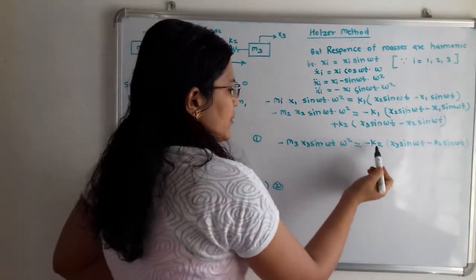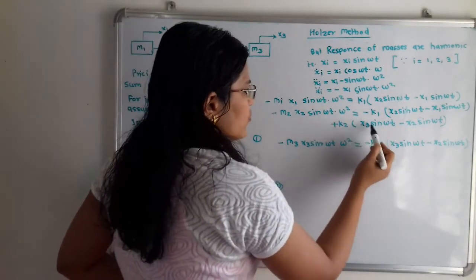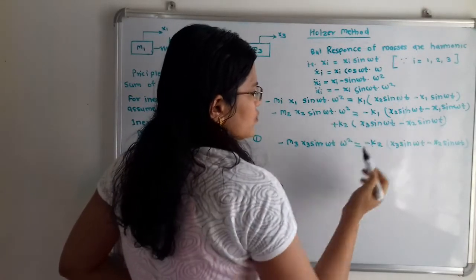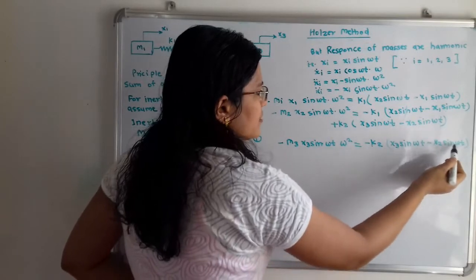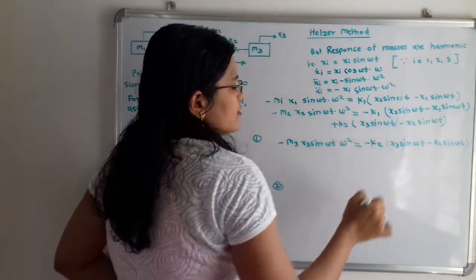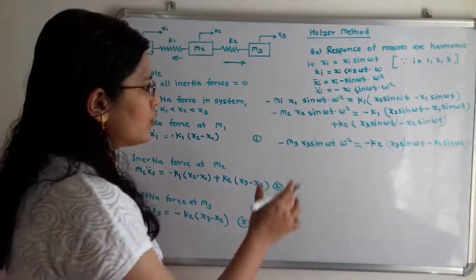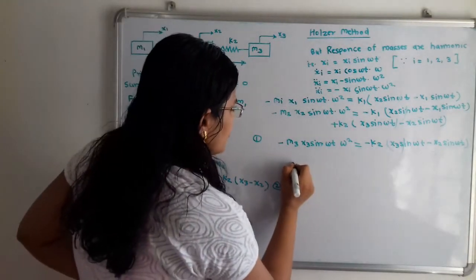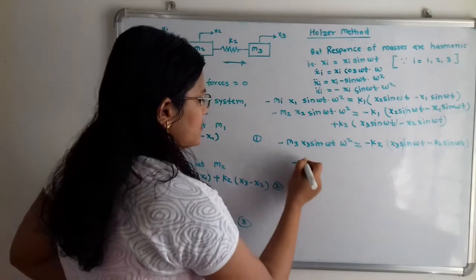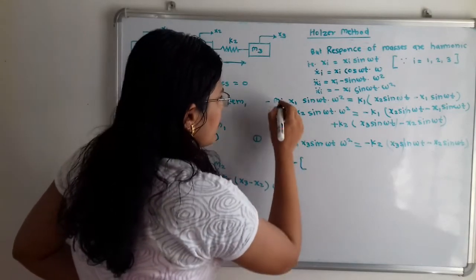Now remaining here is plus k2 times x3 sin omega t minus x2 sin omega t, and here is minus k2 times x3 sin omega t minus x2 sin omega t. Then again these two will be cancelled. So if we take the summation, I am taking the minus sign outside the bracket. So what will be there?